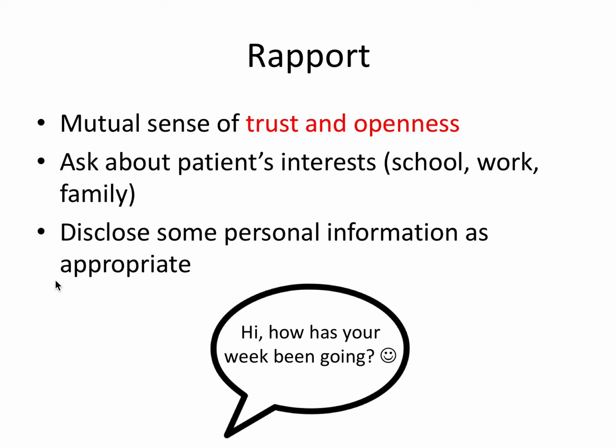And you can disclose some personal information as appropriate. So maybe you see that they're wearing apparel for a certain sports team, and you might be a fan of that team as well. So you can talk about that and bond over that. So these are examples of how to establish rapport with a patient.